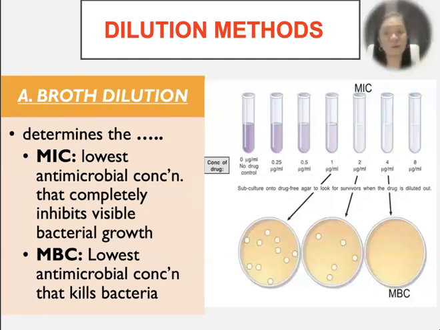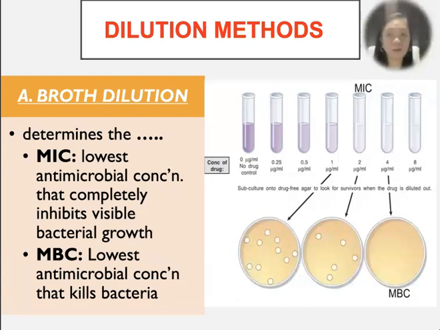So sa Kirby-Bauer, ang ginamit mo na drug doon is 8 micrograms, say 8 micrograms ng penicillin, for example, doon siya nag-positive. Tapos sa ibang drugs, hindi siya nag-positive. So pwede kang mag-test, you'd like to see how low you can use para mamatay yung microorganism.